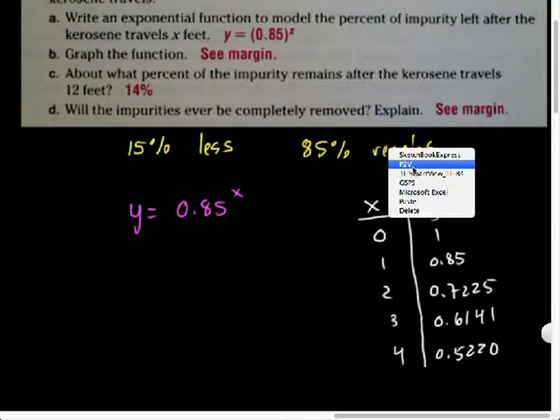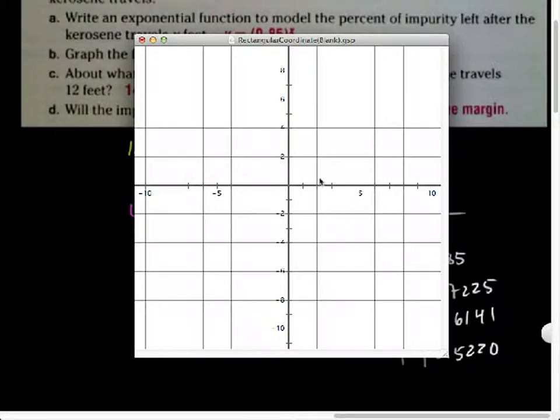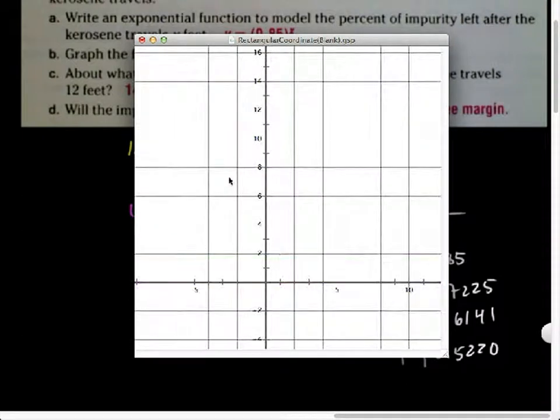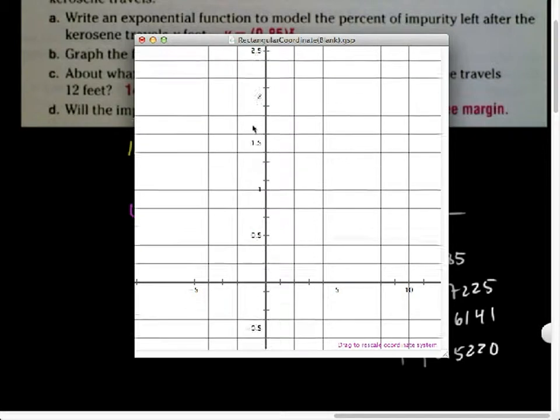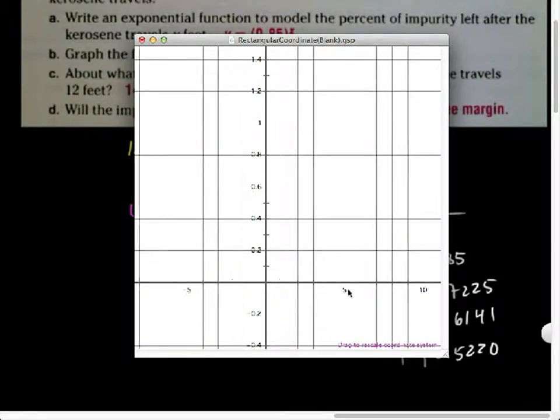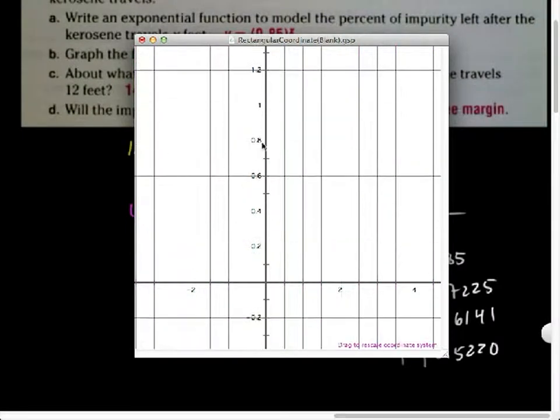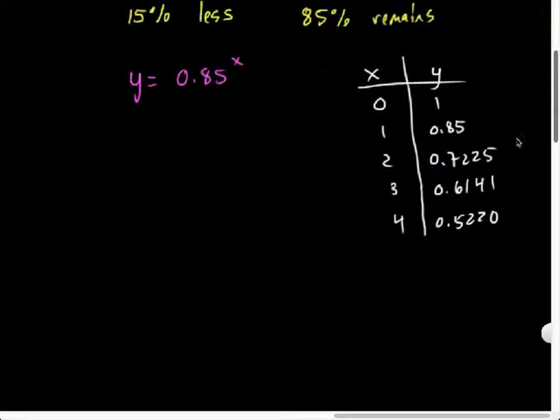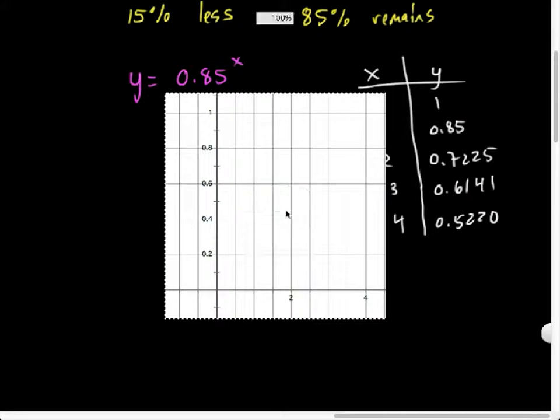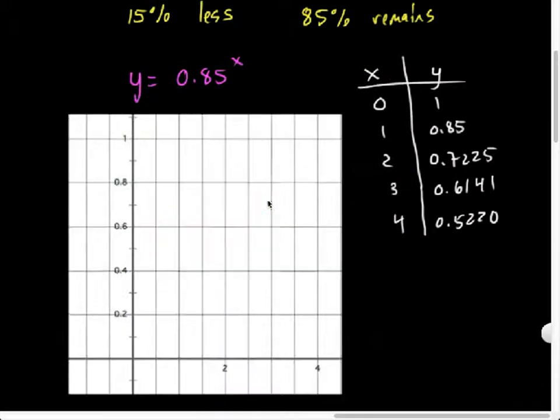So let's see. I'll grab a little graph paper here. And so now that I've got my nice little graph paper here, I can plot some points.